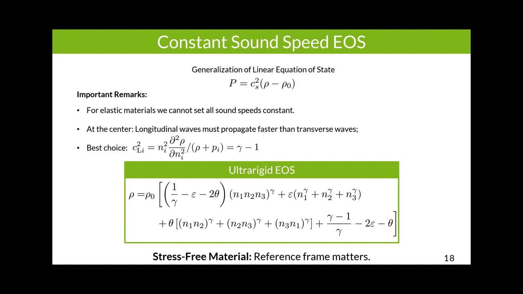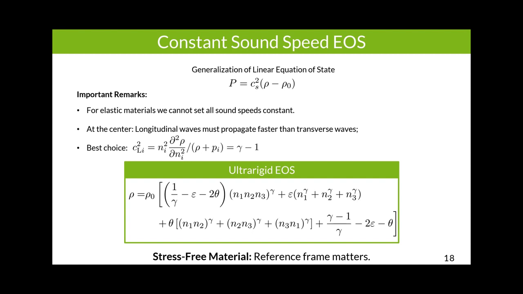But this is the result. So in terms of this N1, N2, and N3 that we have from the previous formalism of relativistic elasticity, it will look like this, where this gamma is basically the adiabatic index, which is where the sound speed appears here. Epsilon and theta are 2 elastic parameters.